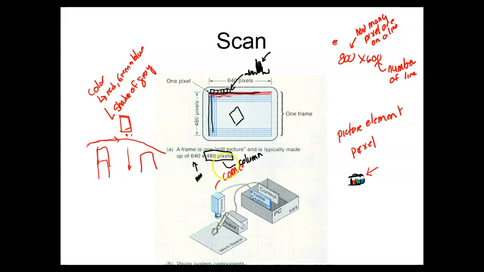And then, of course, the number of rows would be how fast these scan lines go down. Since we know that information, and the controller knows where the camera's at, we can actually get an electronic image of what's out there. So not only can we tell where it's at, we can tell how it's oriented and what color it is.